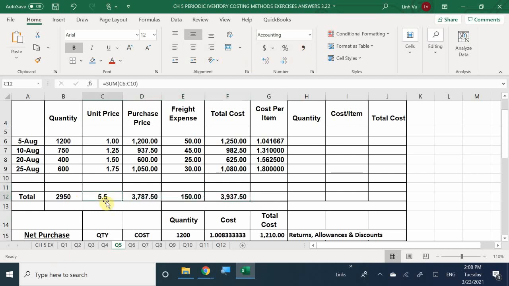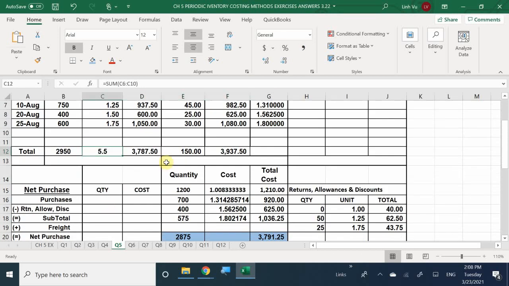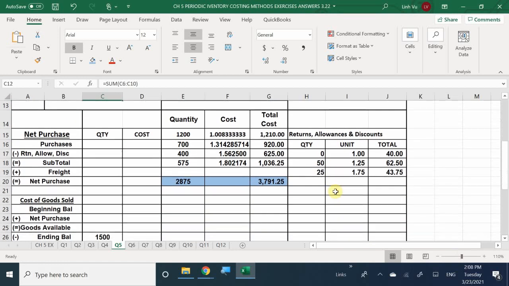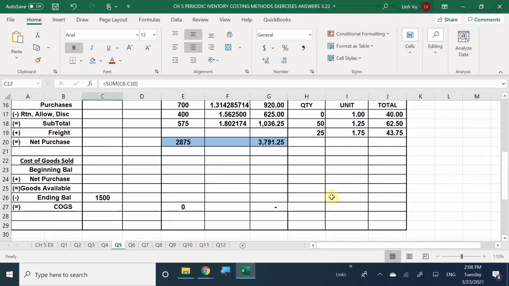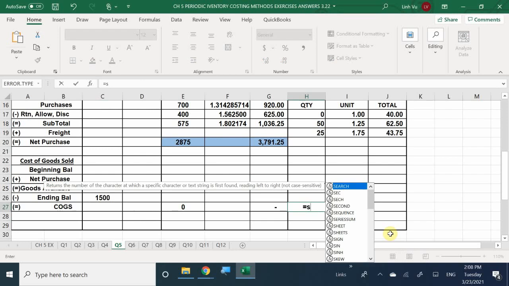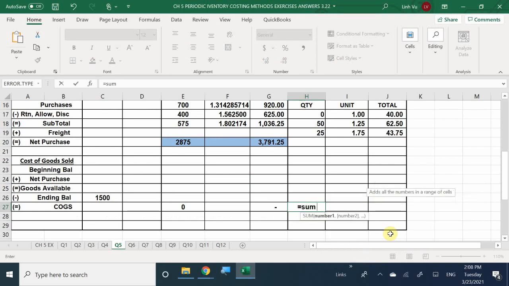All right. Okay. So now we're going to start filling out our little section here to understand what our net purchases are. Wait, we've got to do one more too. We've got to sum up our totals of our purchase returns and allowances. So once again, how many items did I return? 75. Right?